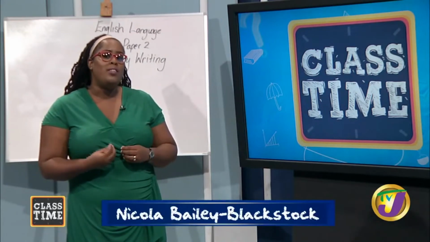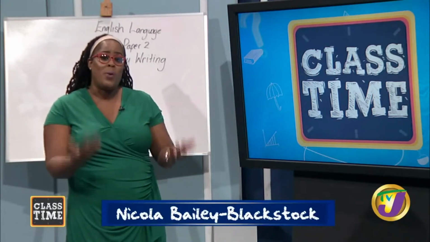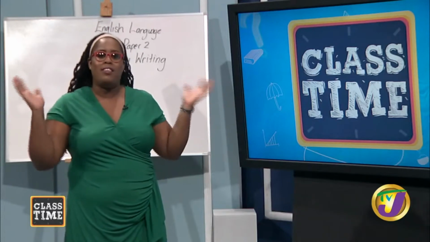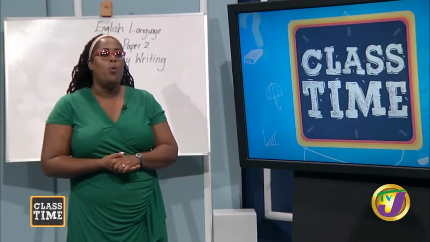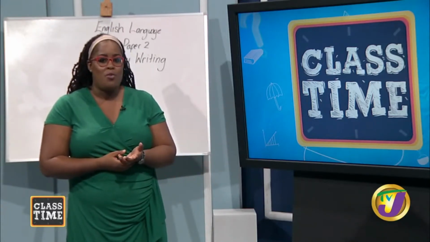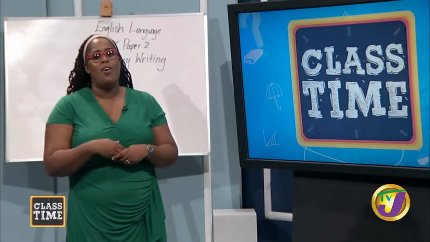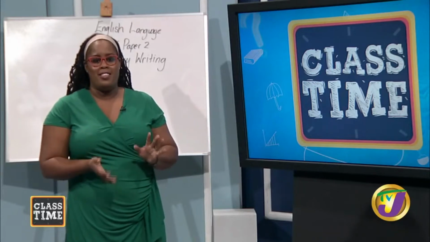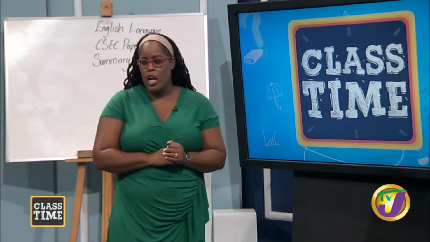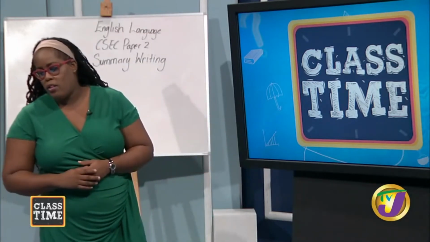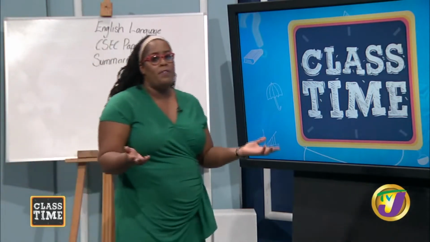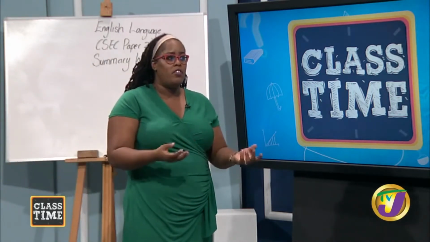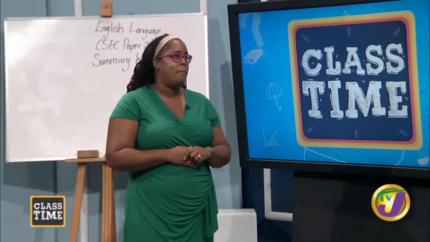When you open the booklet and you look at section A, summary writing is there. These are everything that you need to know in order to maximize your chances of getting full marks in this section.